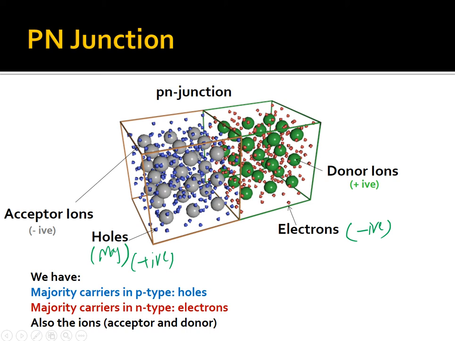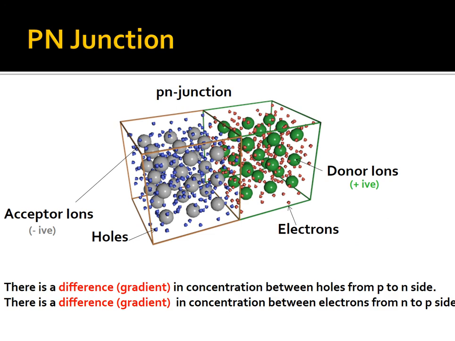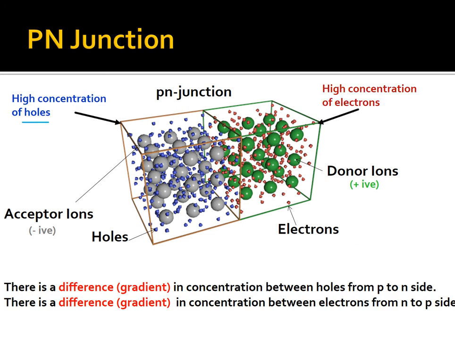In the p-type semiconductor materials, the holes have high concentration as compared to the electrons, and in the n-type materials there is high concentration of electrons, because electrons are the majority carriers.